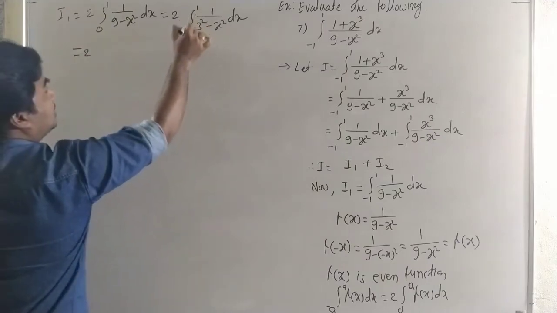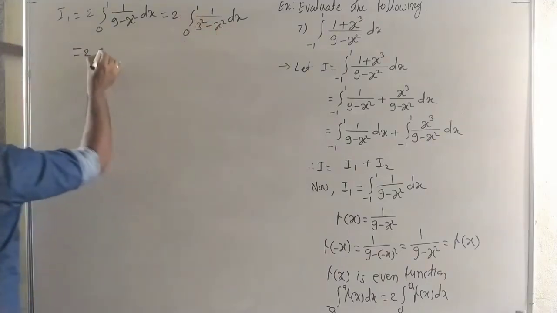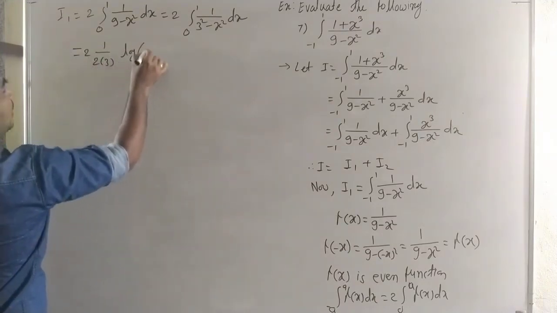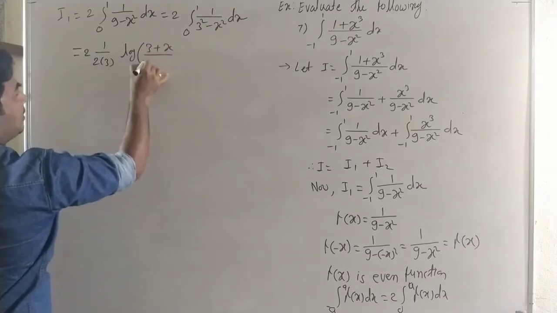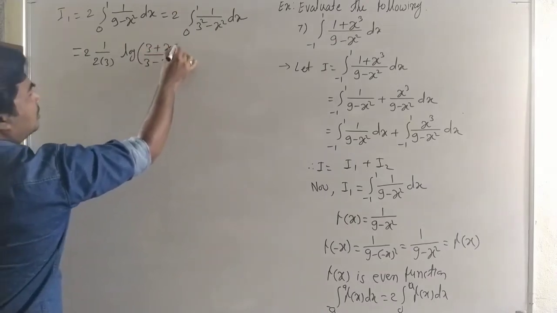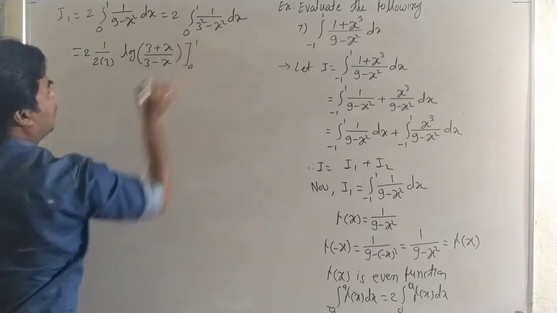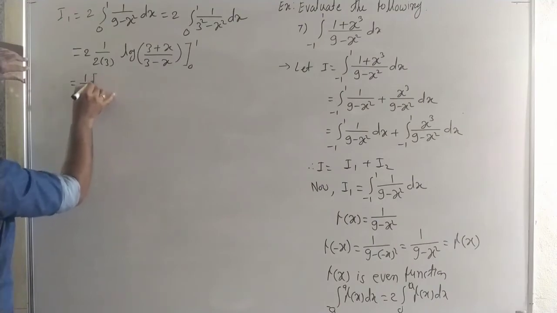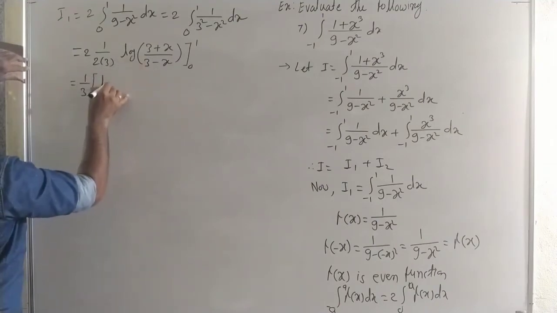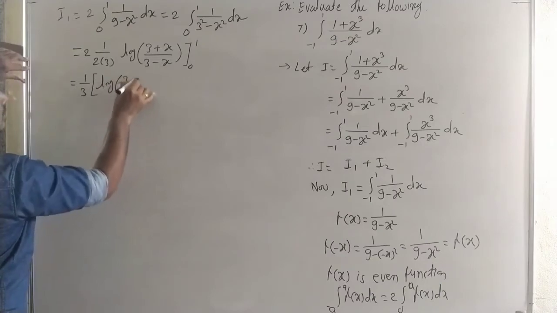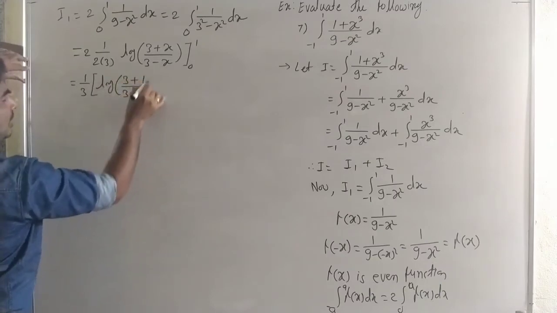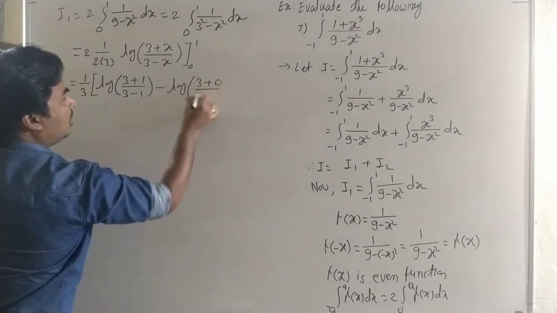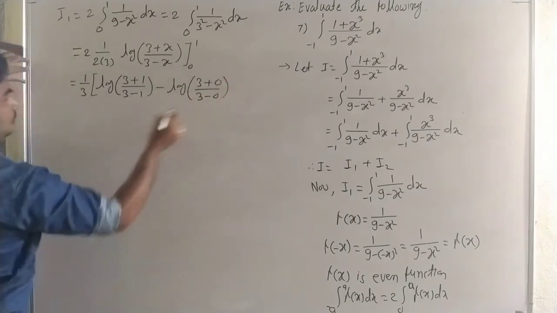2 into the integral from 0 to 1 of 1 upon a square minus x square, which is 1 by 2a log of a plus x upon a minus x, with limits 0 to 1. This 2 gets cancelled, and we write 1 by 3, upper limit minus lower limit: log of (3 plus 1) upon (3 minus 1) minus log of (3 plus 0) upon (3 minus 0).